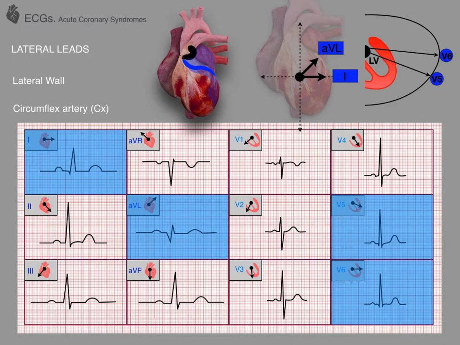And again, if you think about your chest leads, V5 and V6 are moving around to that lateral border of the heart. So if we see ST elevation in leads V5, V6, 1 and AVL, we would consider this to be a lateral area of ischemia, and that is usually supplied by the circumflex artery.